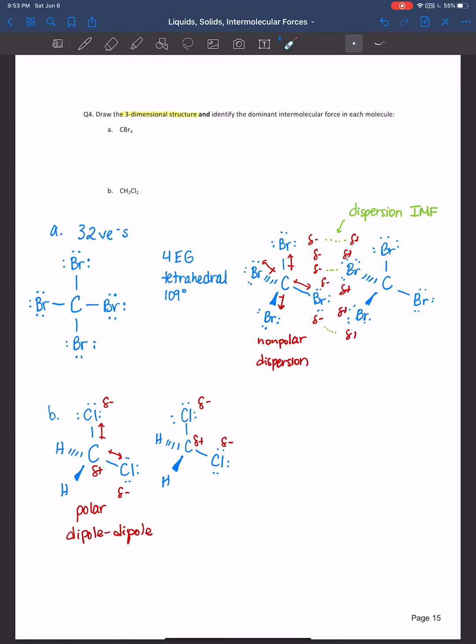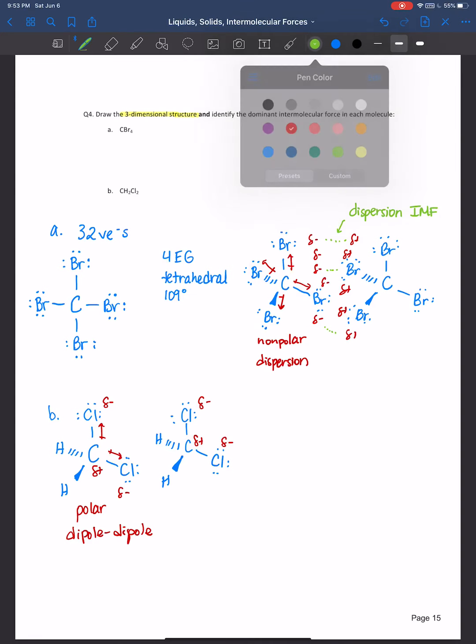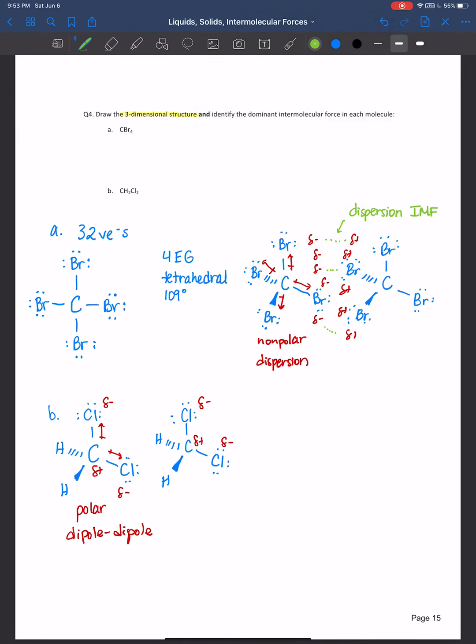So when we see this here, remember opposite charges are attracted to each other. It doesn't matter which chlorine I choose, I'm just going to choose one chlorine, and it is not interacting with this hydrogen, it's interacting with this partial positive carbon in the other structure, and you just need to show one.